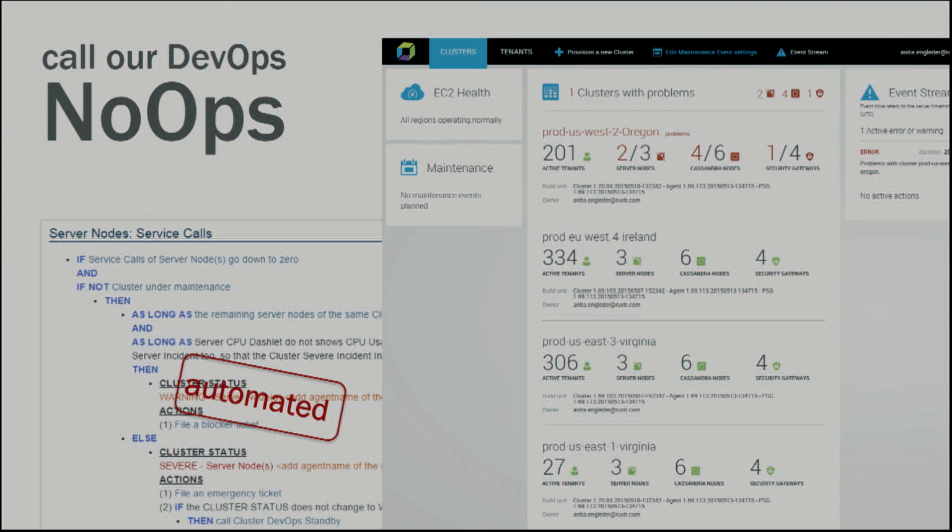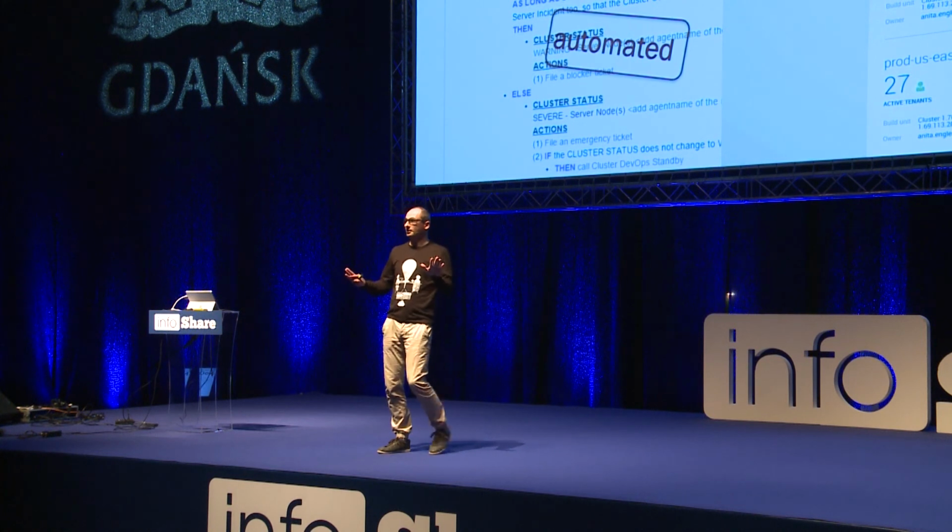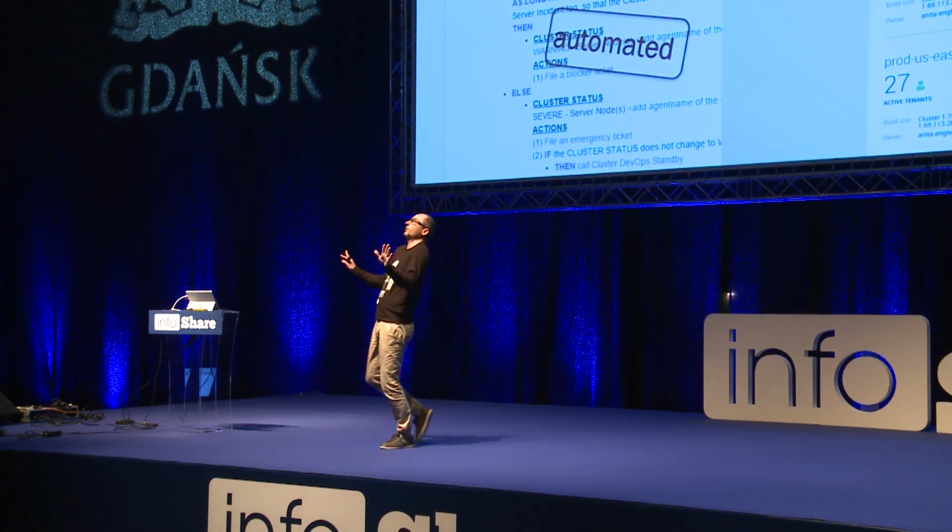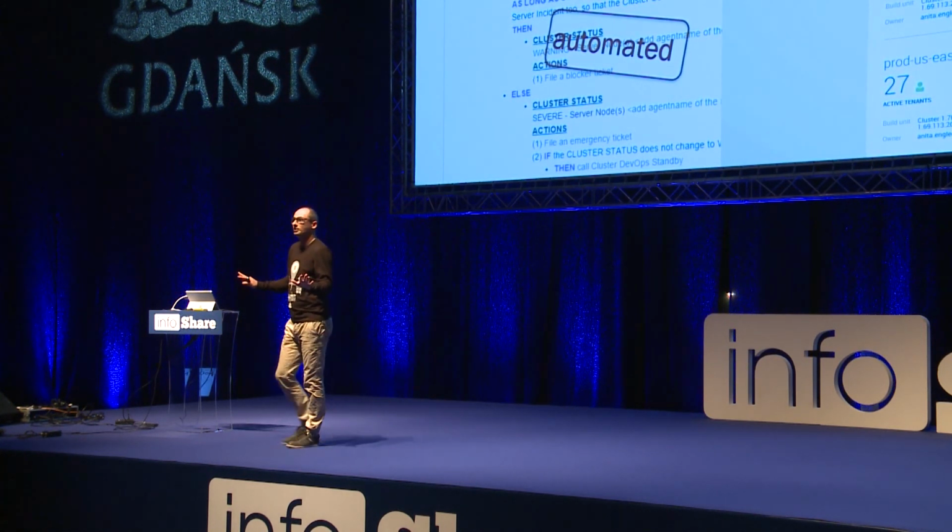Guess what that said? It said, if the orchestration and the self-healing can't heal our software, call R&D. That's it. And this was the moment it was clear, we arrived at no ops.